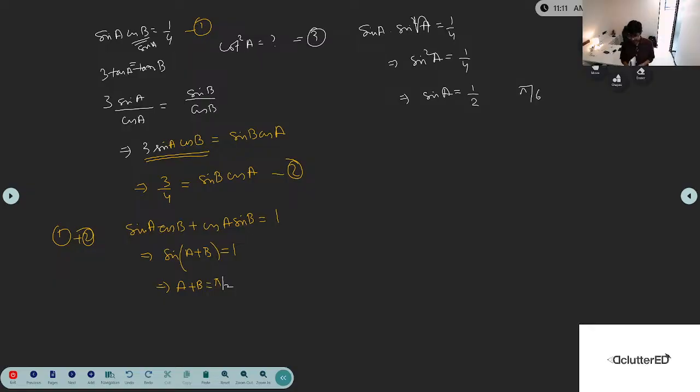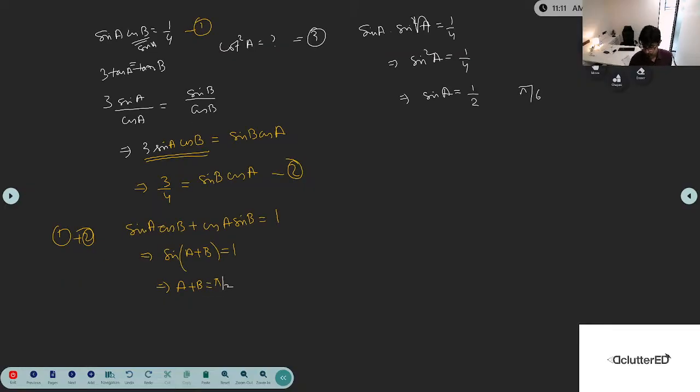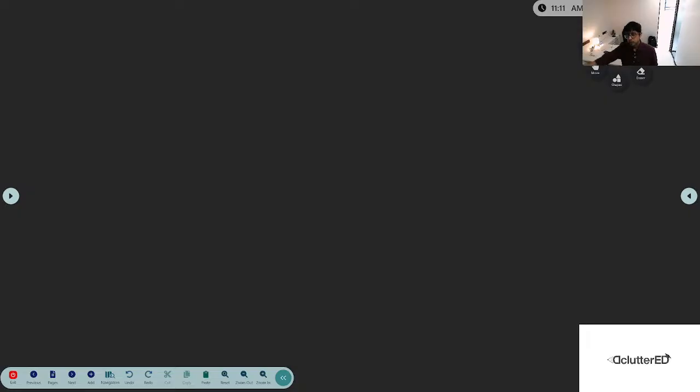Alright, this seems like an interesting question that has elements of quadratic equations into it. Let's do one longish question and take it from there. A cos 2 theta plus B sin 2 theta is equal to C, and this has two solutions, alpha and beta.